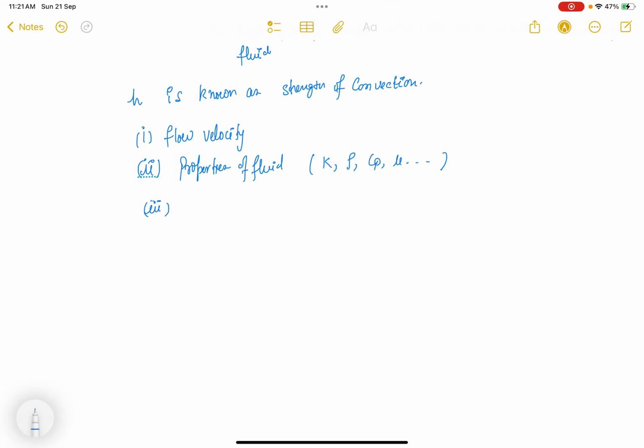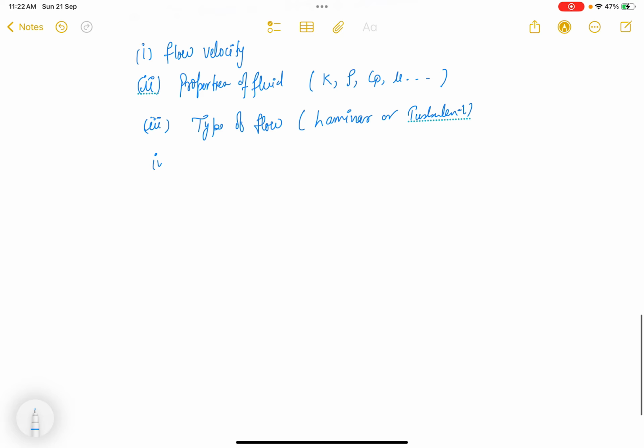And type of flow which is occurring, like if it is laminar or turbulent. Alright. Then the quality of surface, like surface is rough or smooth.